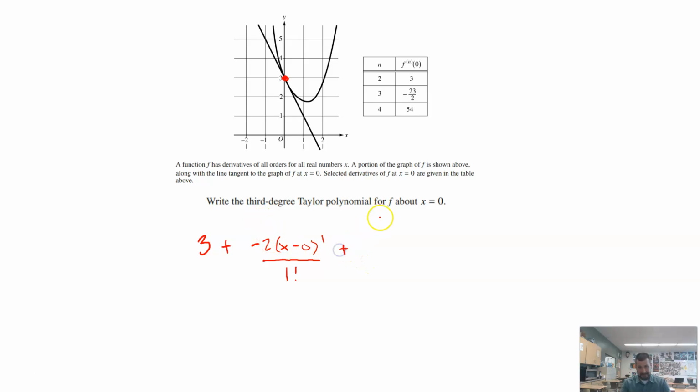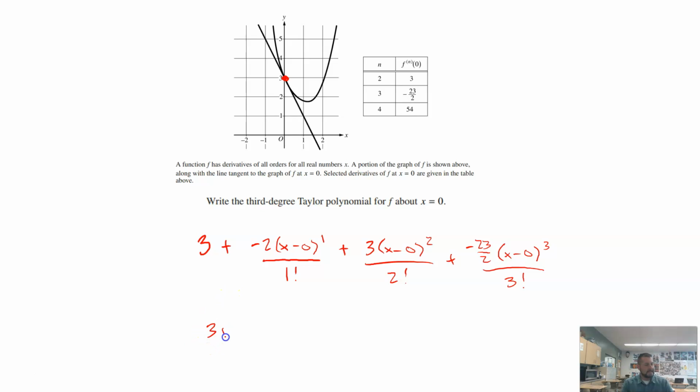Then we go plus the next term. That's going to be the second derivative when we plug in 0. That's 3 multiplied by x minus 0 squared divided by 2 factorial, plus the third derivative, negative 23 over 2 times x minus 0 to the third power divided by 3 factorial. Now, I know that looks like a mess, but that is our third degree Taylor polynomial.